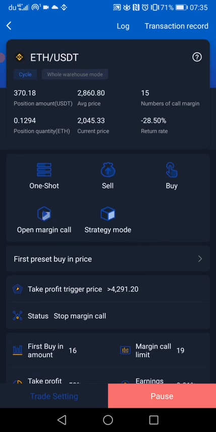Understand? Then it divides the total cost by your position quantity, and it gives you your average price. So that's how the average price is registered.